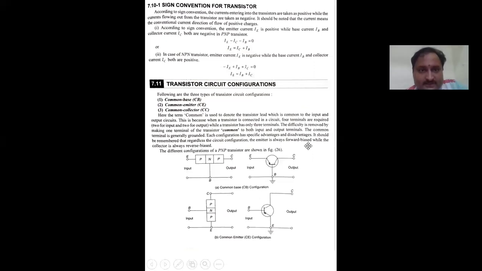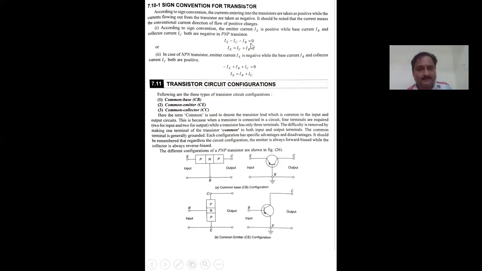And the next one is sign convention. According to the sign convention, the emitter current IE is positive. That means, as we observed previously, the equation IE is equal to IC plus IB. Then the emitter current IE is positive, while the base current IB and collector current IC are both negative in PNP and both positive in NPN.